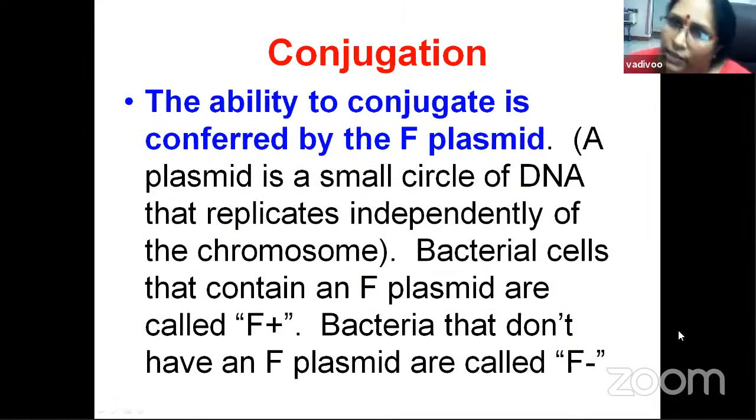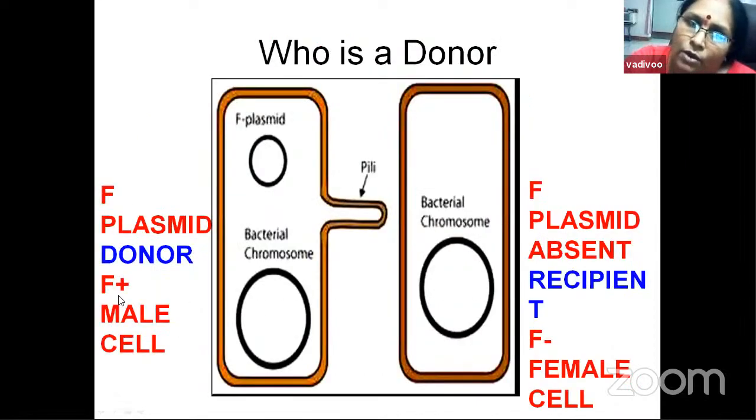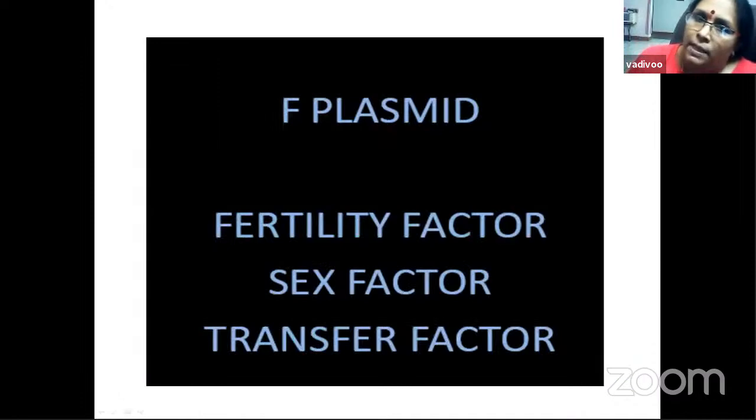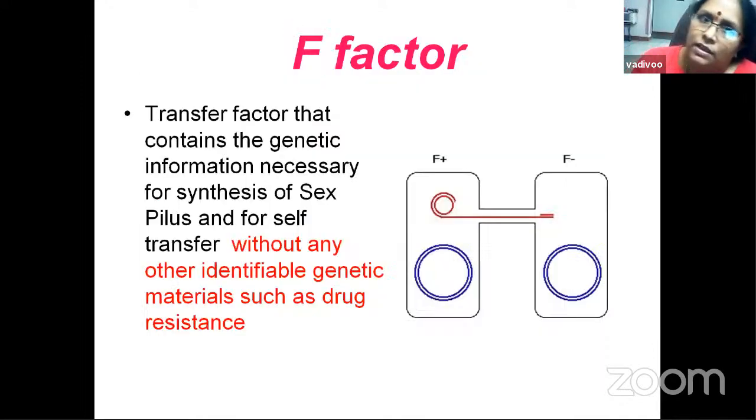The ability to conjugate is conferred by the F plasmid. F plasmid, donor cell, male cell, or F plus cell, all these terms are the same. When the F plasmid is absent, it becomes a recipient, or F minus cell, or female cell. The F plasmid has other names also: fertility factor, sex factor, or transfer factor.